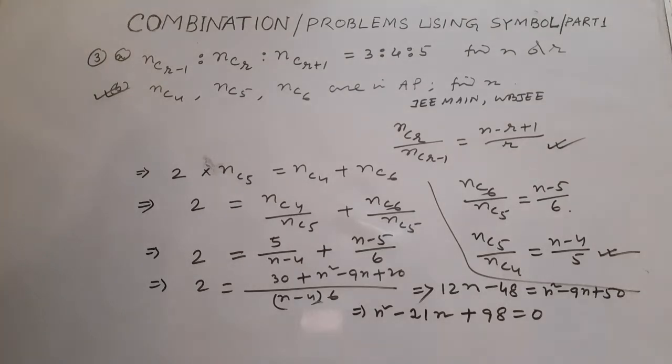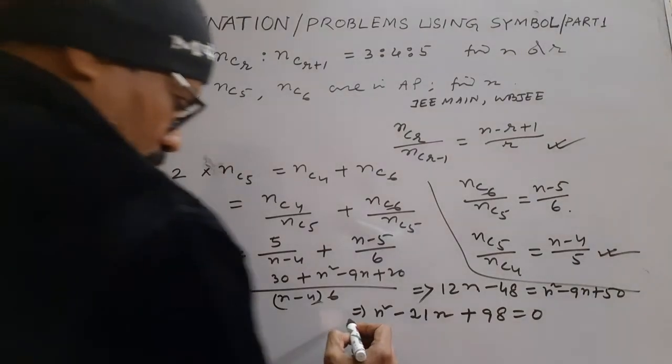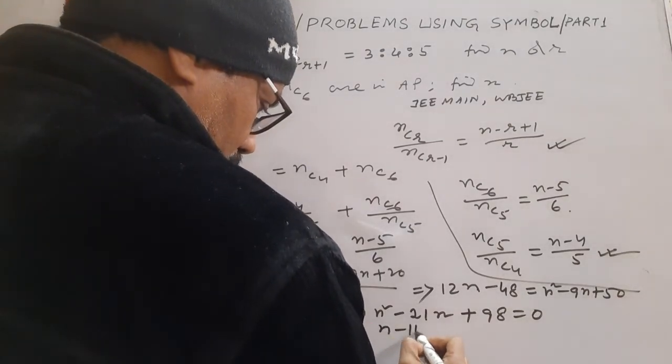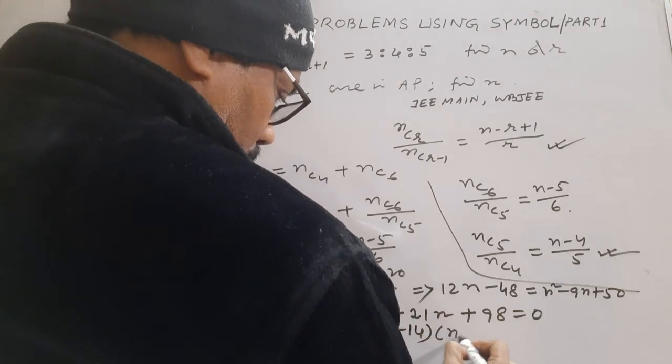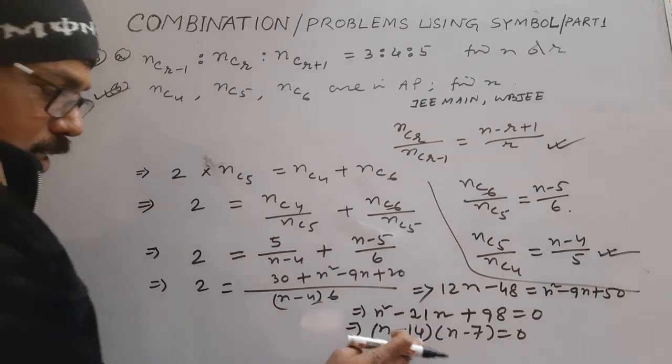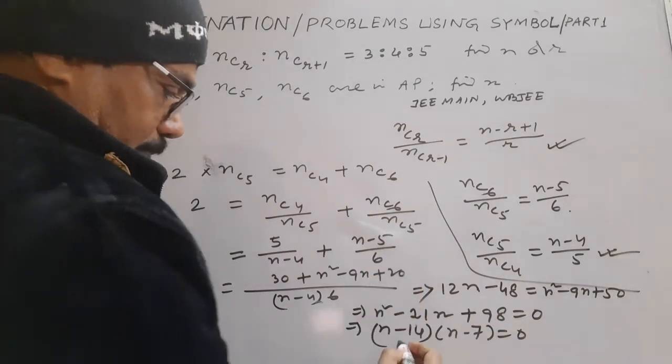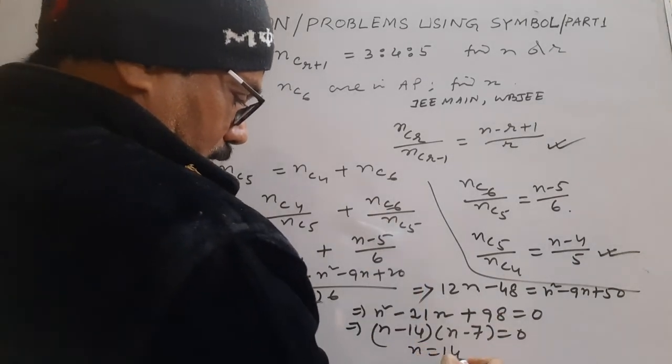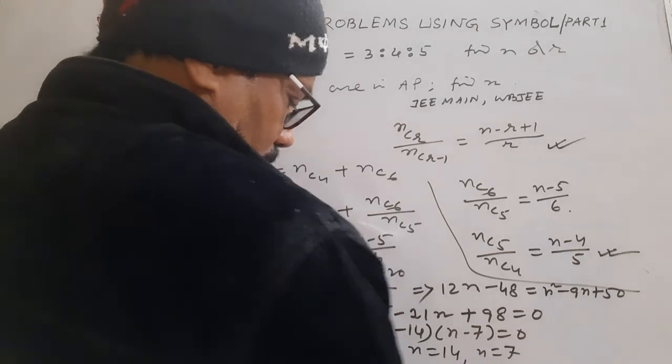So we are getting a quadratic equation. Solve it: (n minus 14) into (n minus 7) equals 0. Actually 21 is 14n plus 7n. So n equals 14 and n equals 7.